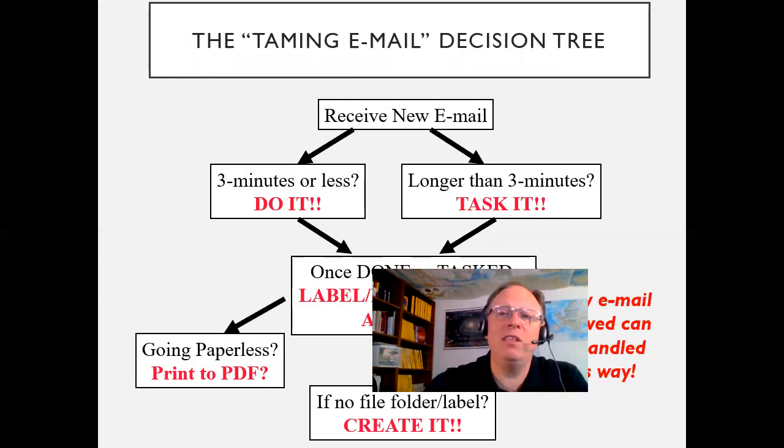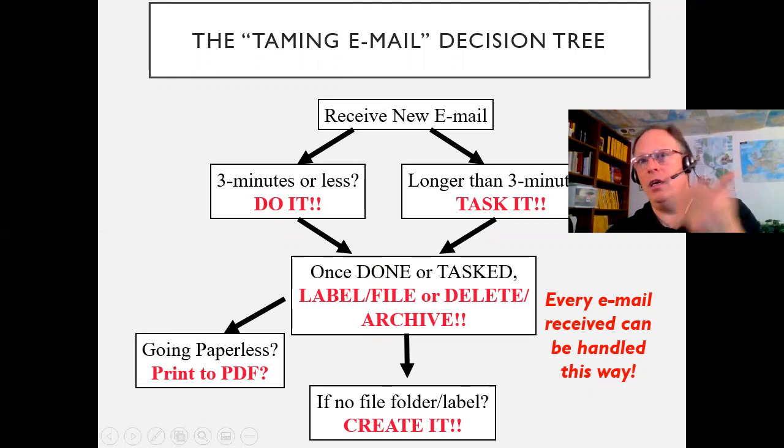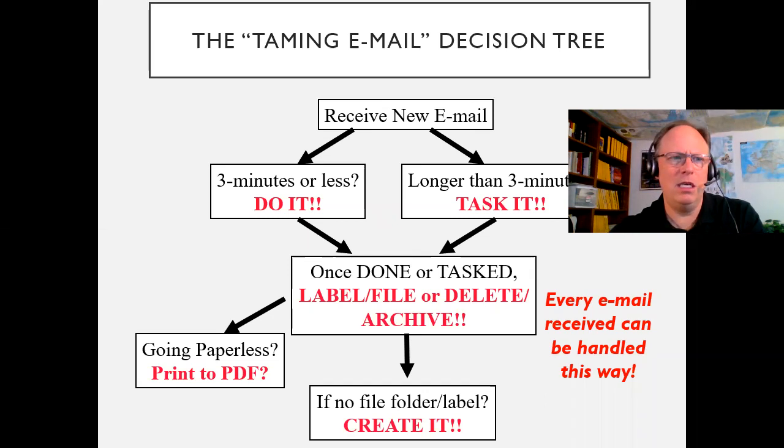Now, I'll be the first to admit, what I just showed you might take a couple seconds more than just marking it unread or putting on the star. But that extra few seconds on the front end is going to save you minutes, that turns into hours, that turns into days of rework on the back end.